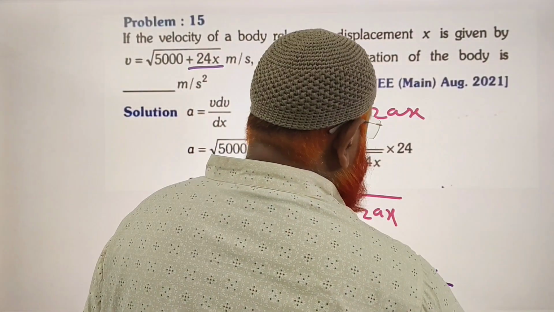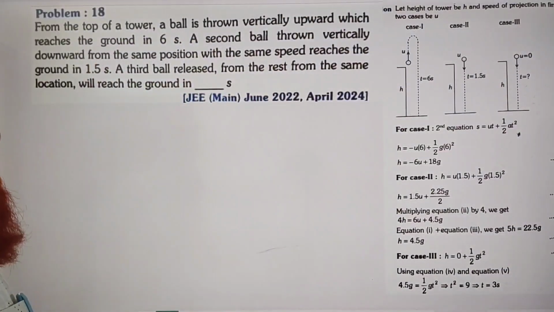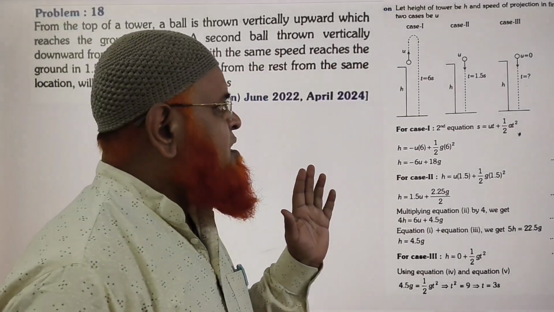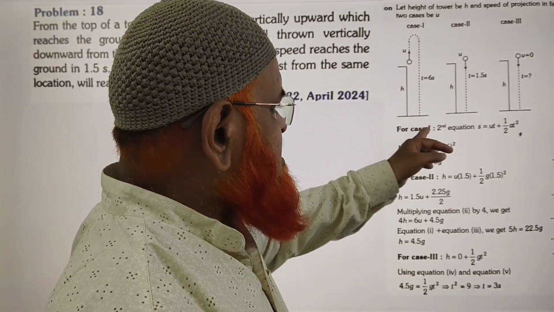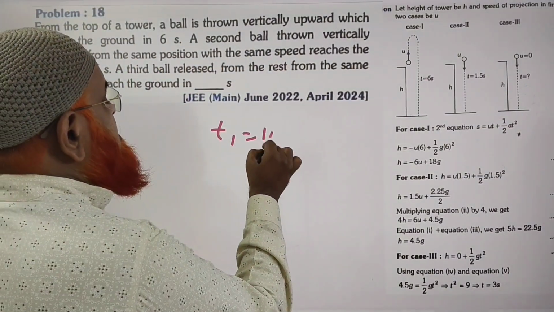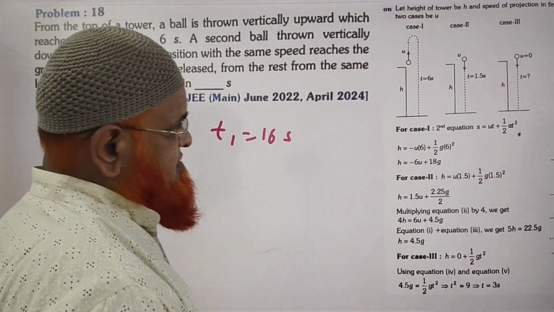Now, see here. I have got one more problem, which was asked in JEE Mains, and NEET also it is there. See here, 3 cases are there. One is a ball thrown upwards, it is falling down, and how much time is it taking? T1 is equal to 6 seconds. That's the first case.